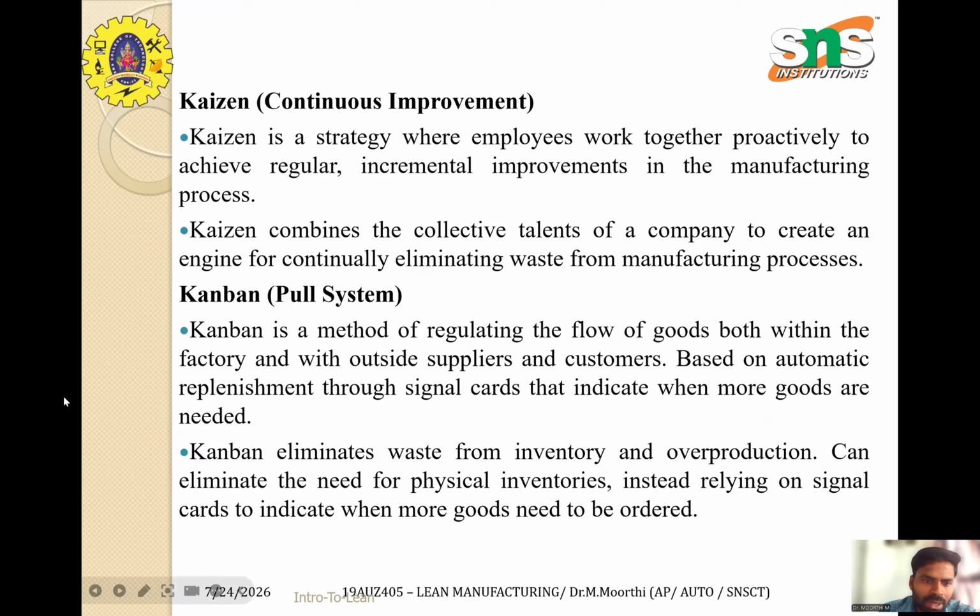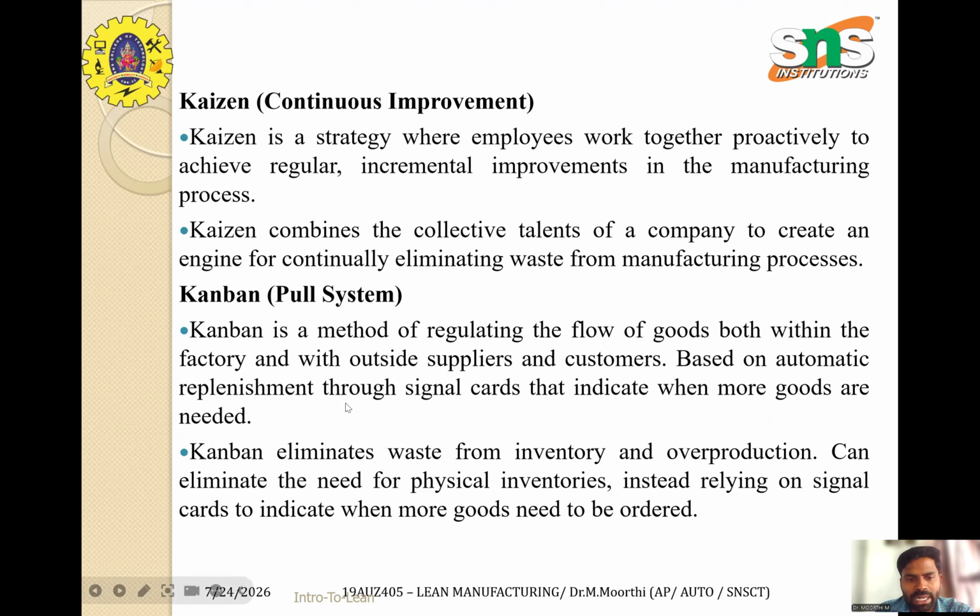Then next one is the Kanban. The Kanban is a pull system. Here the Kanban is the method of regulating the flow of goods both within the factory and with outside suppliers and customers. So we need to make a smooth relationship between the industry and the customer.